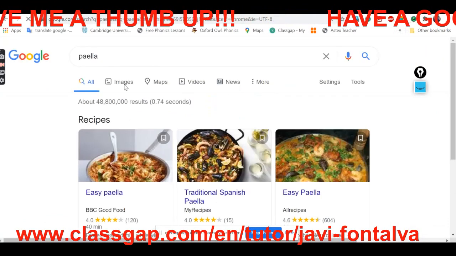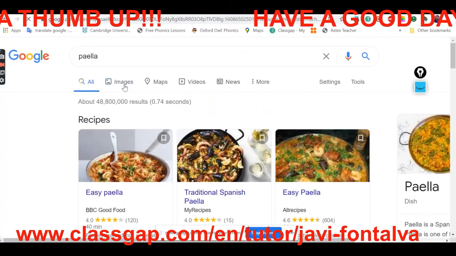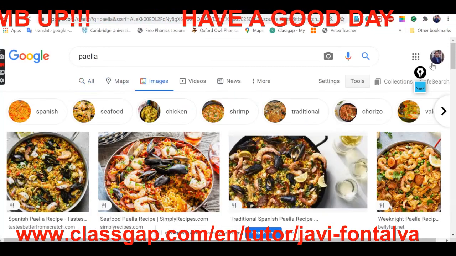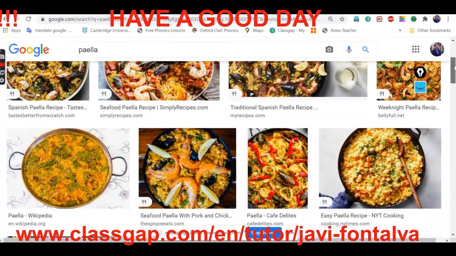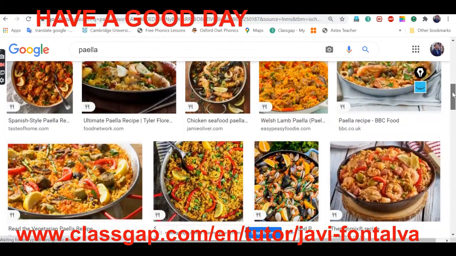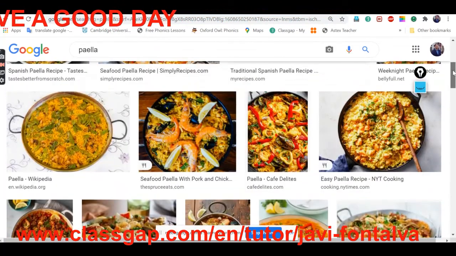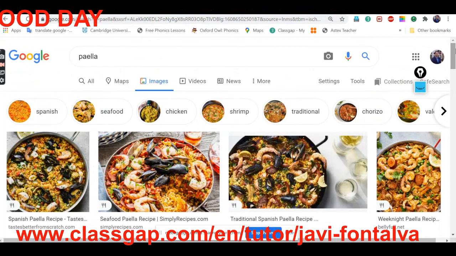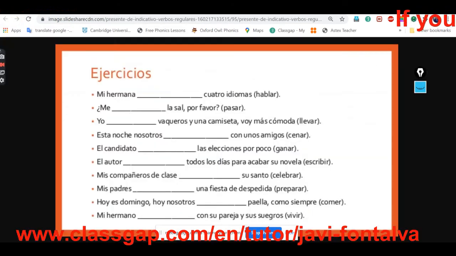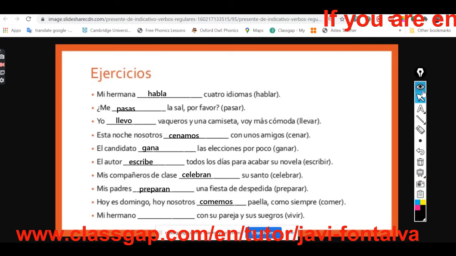Paella is this, and there are many different kinds of it. Qué rico. Está muy rico. So yes, if you never tried, you should. It's really delicious. Es mi favorita.